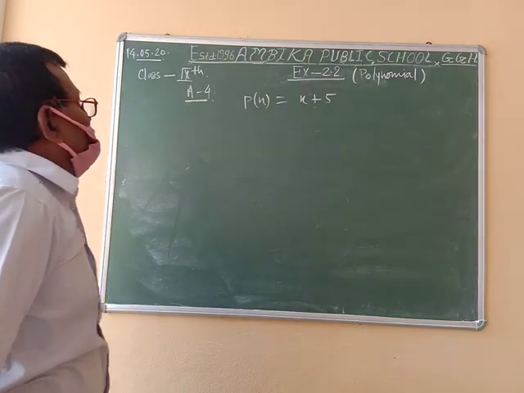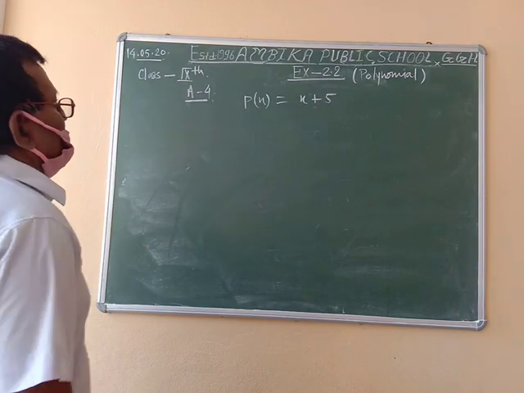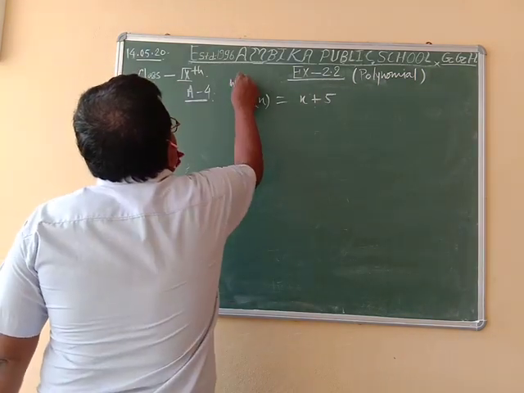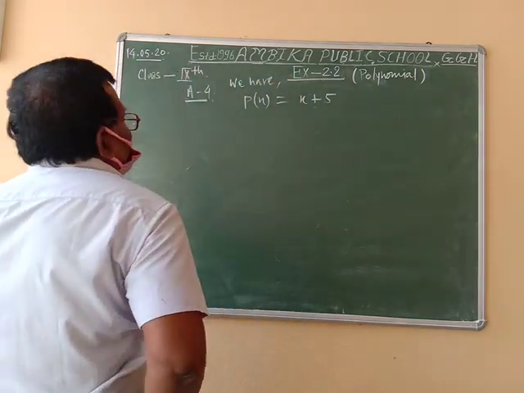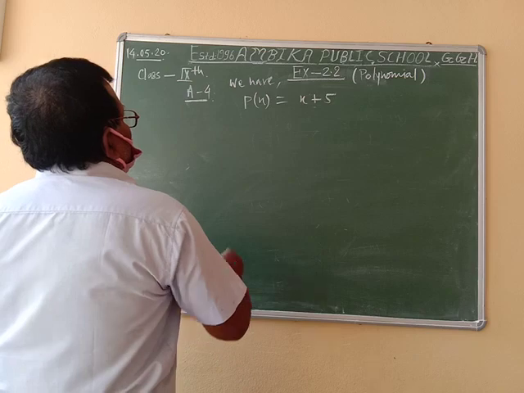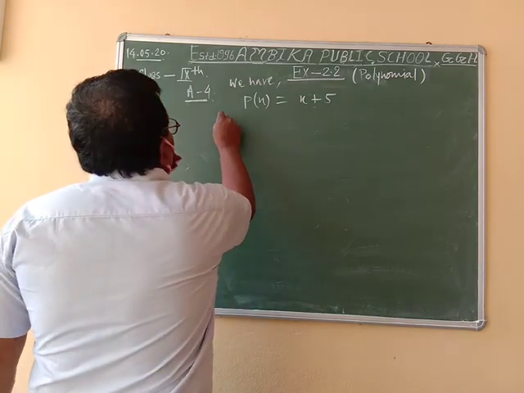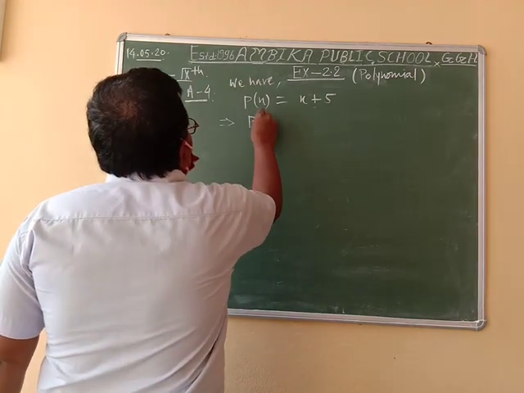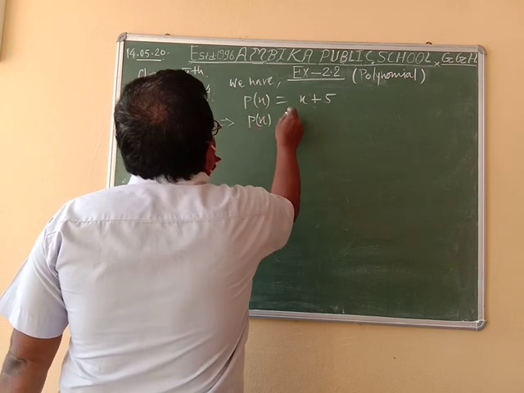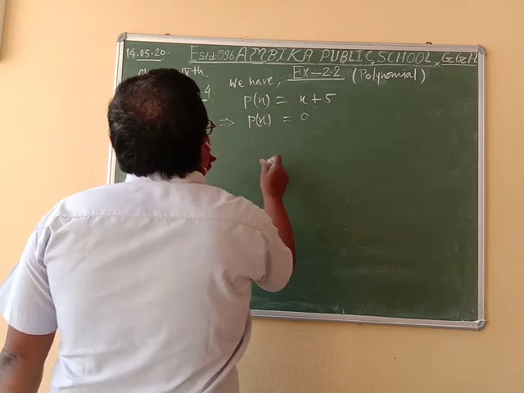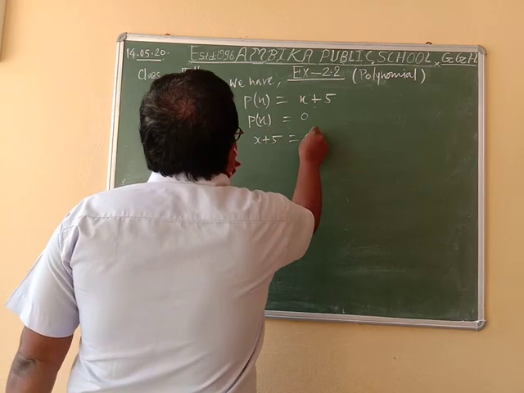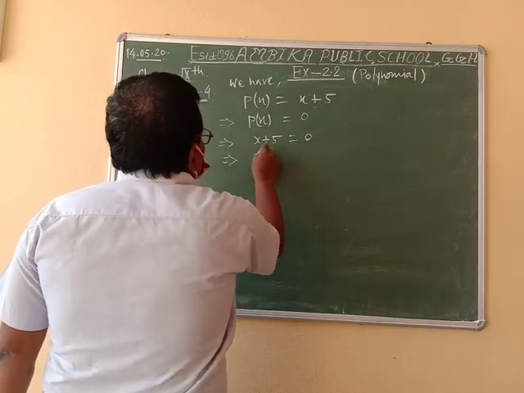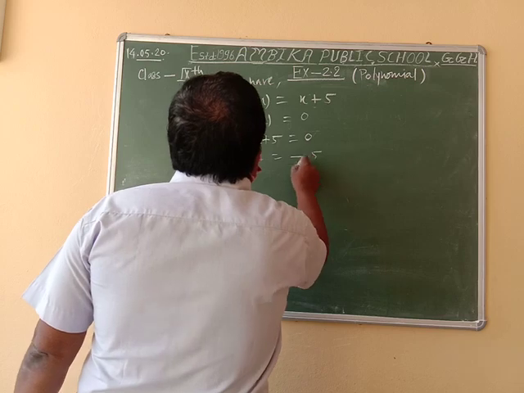To find the zero of the polynomial, we have p(x) is equal to x plus 5. Put p(x) is equal to 0, so x plus 5 is equal to 0, so x is equal to minus 5.